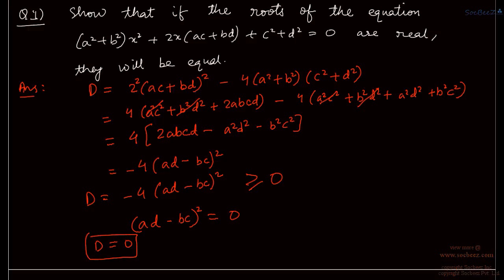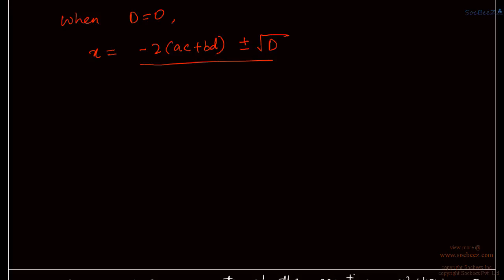And we know that when D is equal to 0, what do we have? Suppose the root is x. Let's write it for this equation itself. It is minus b plus or minus root of b squared minus 4ac, by 2a. So it is minus 2 times (ac plus bd) plus or minus root of D, where D is the discriminant, by 2 times the first term, a squared plus b squared.